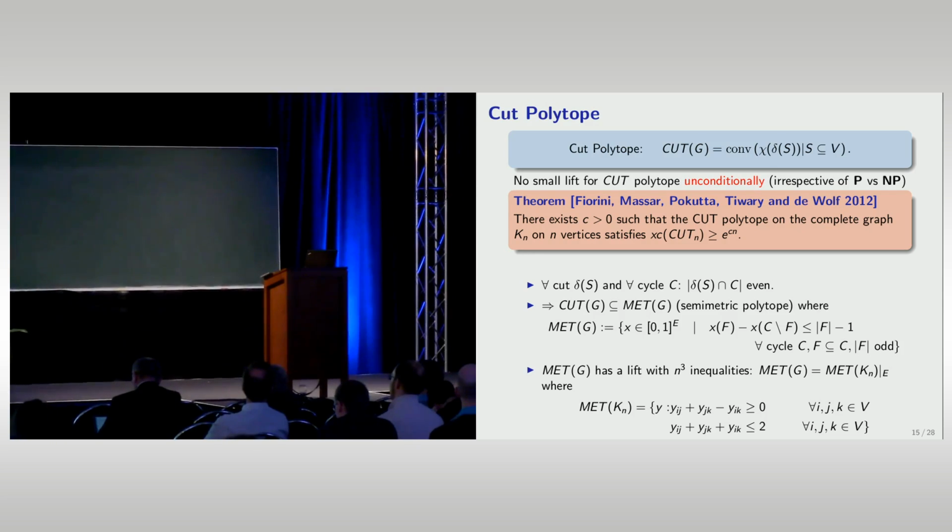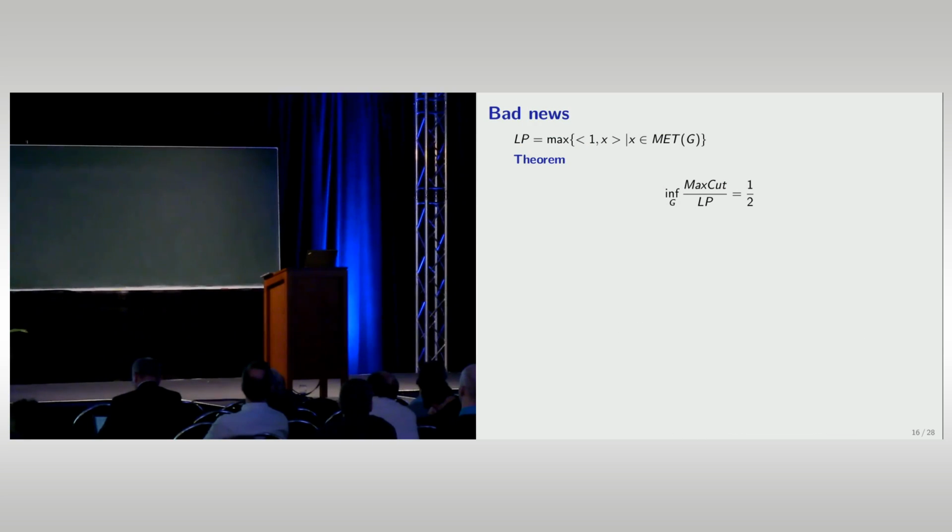If I write that lift, and again, don't look at it too closely, the message is that I can optimize over this in polynomial time by just looking at this polytope.